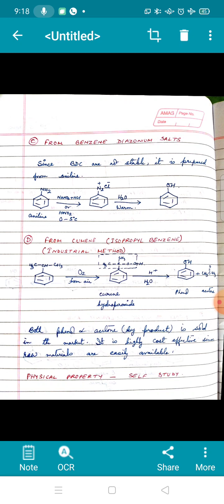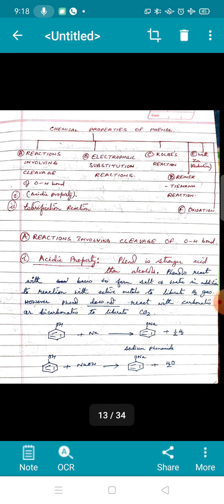So physical property of phenol, as I have said, please do self study. Next we move to chemical properties of phenol. Just like alcohol, phenol also undergoes reactions involving cleavage of OH bond. But unlike alcohols, phenols do not undergo reactions involving cleavage of C-OH bond because of its strong resonance.